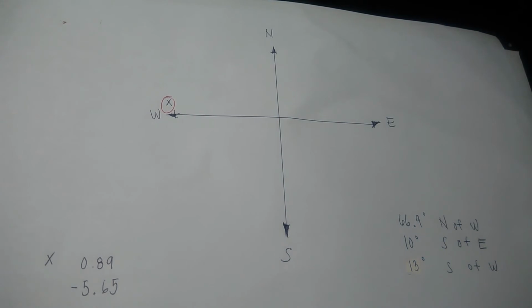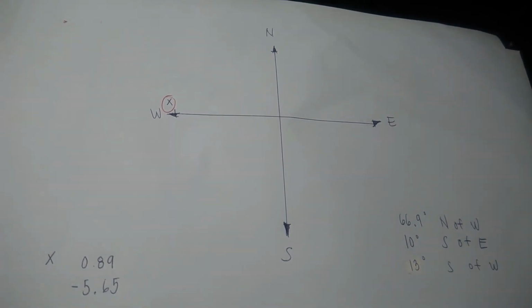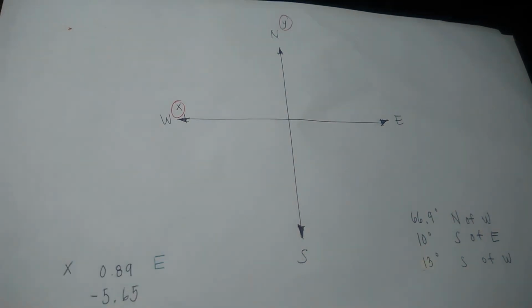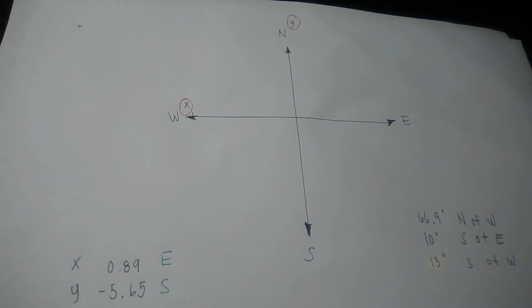The positive of the Cartesian plane is in the east. So 0.89 is east, or the x is east. And the y component belongs to the negative y-axis. So negative 5.65 is south.